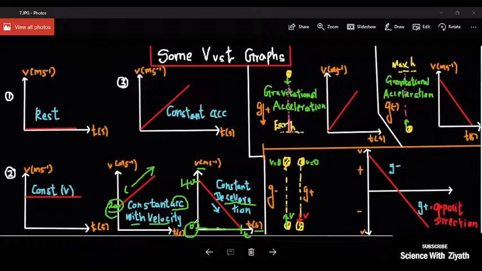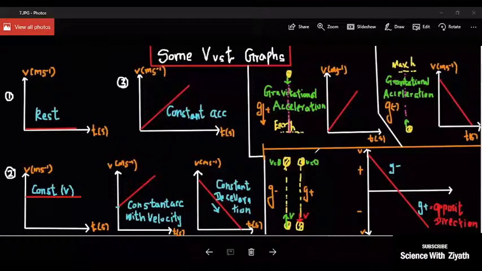So velocity 0 means it became rest. Velocity 0 means it became rest. Look now at the same time, look at this one. The graphs have to be studied very clearly.